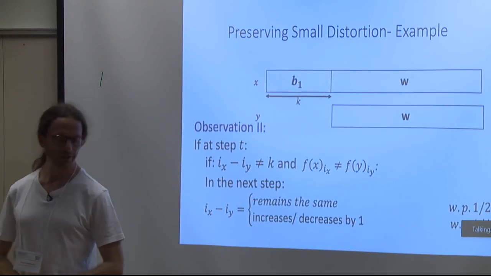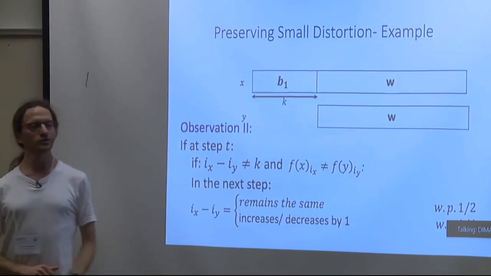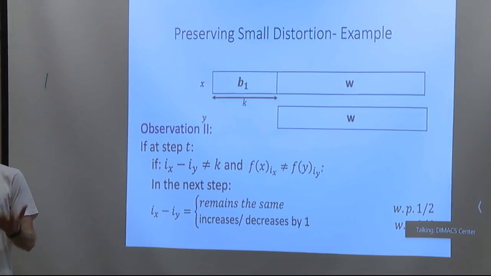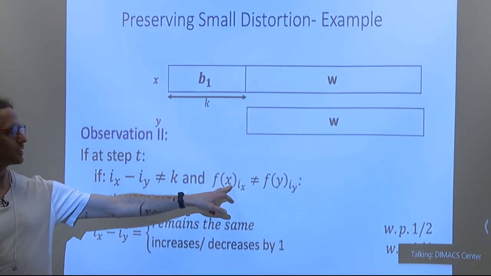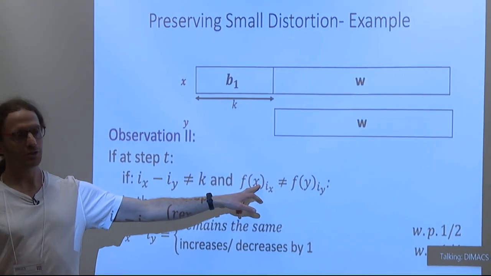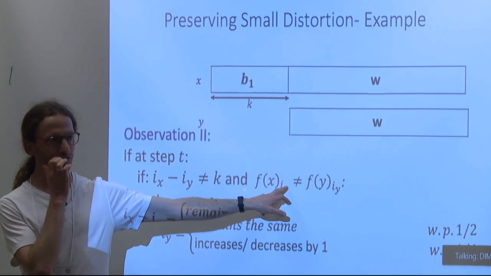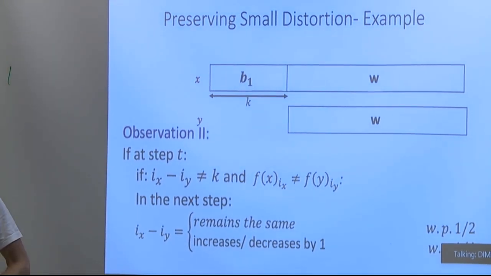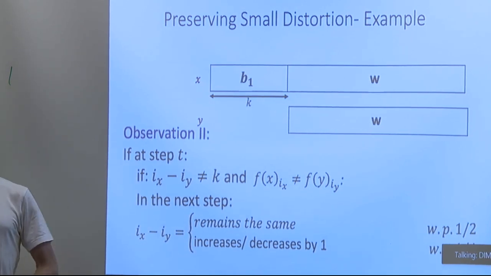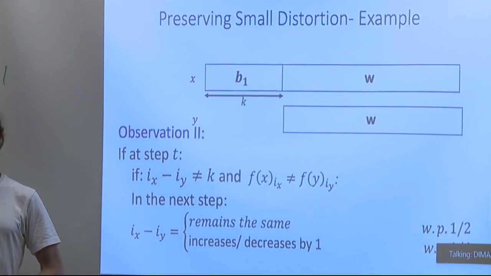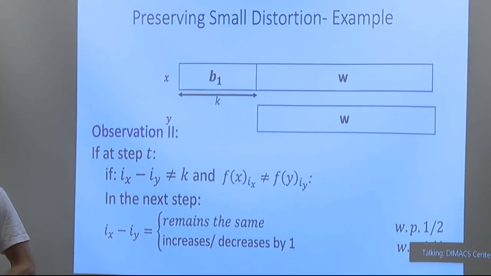Second observation: if I of x minus I of y is not k, that means we didn't reach synchronization. And now suppose that we have a mismatch, like when we look at f of x in position I of x and at f of y in position I of y, they are not equal. Okay? So that corresponds to a mismatch in the embedded strings.